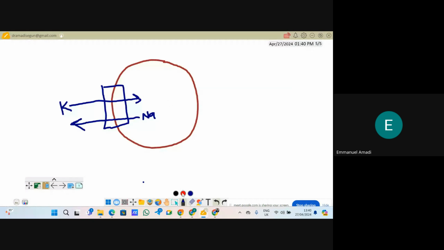Now, when you give a patient digoxin, this is what the digoxin does. The digoxin will come here and inhibit this transporter. That's what the digoxin does. Now, when the digoxin has inhibited this particular transporter, what do you think the net effect will be?